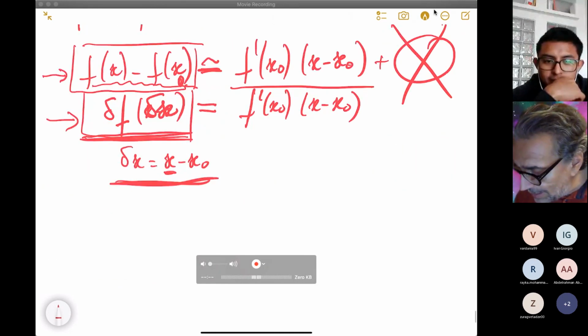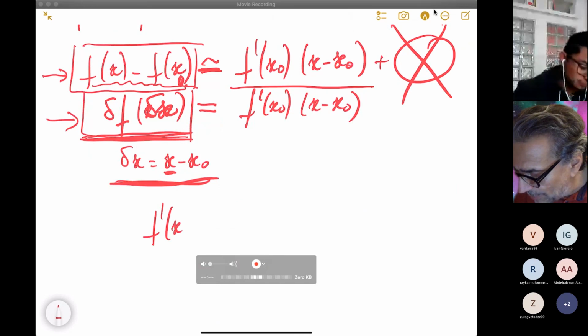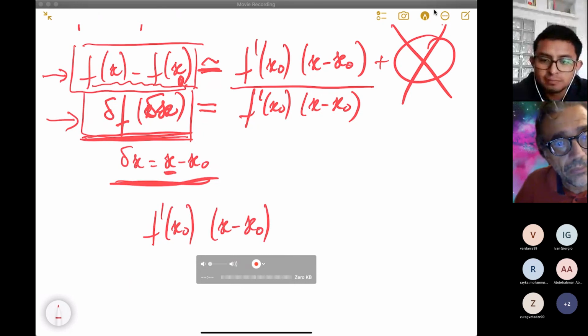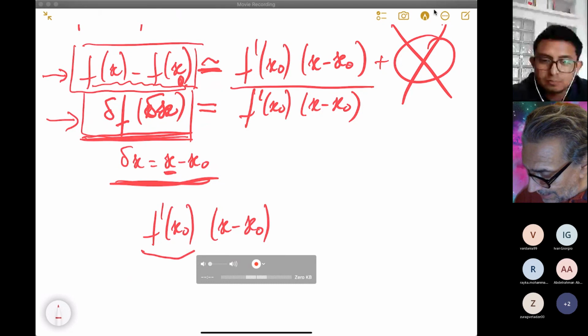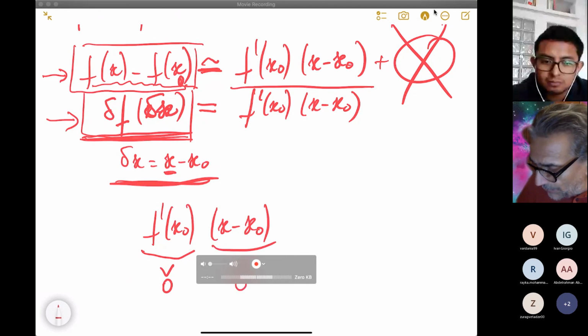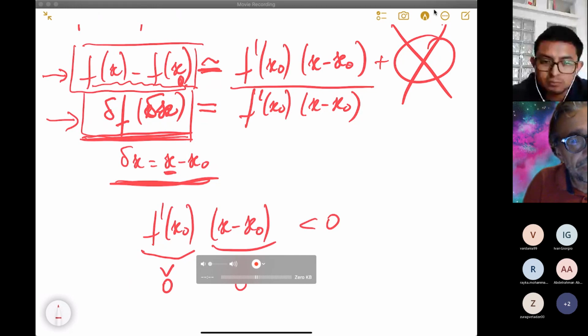Now look at this f prime of x0 times x minus x0. When this is positive, and when this is negative, this first variation is negative.